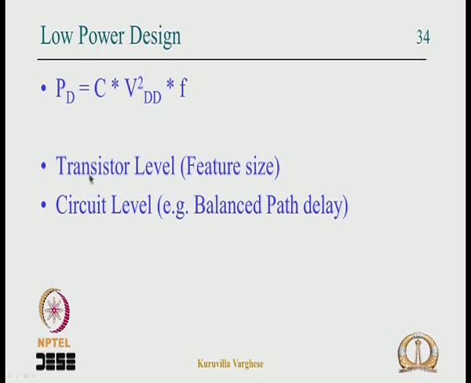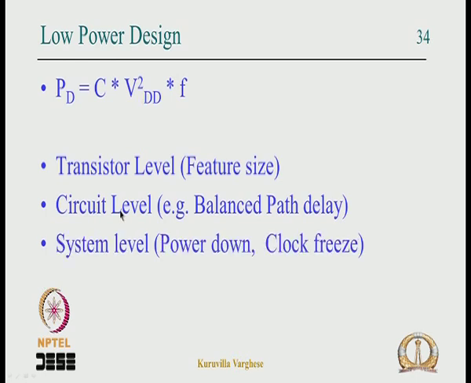So we can attack the power dissipation at a lower level, at the transistor level. At the circuit level we can reduce the power dissipation. The third level is that when you have a system, a complete embedded system, say with a processor with a lot of peripherals and all that, a particular system may not use all the peripherals at the same time.